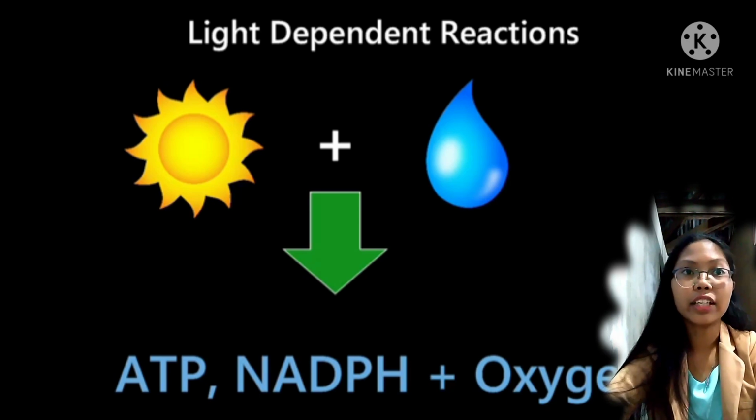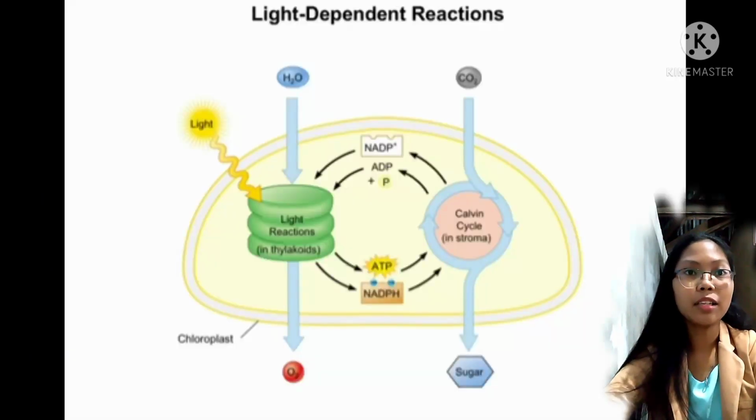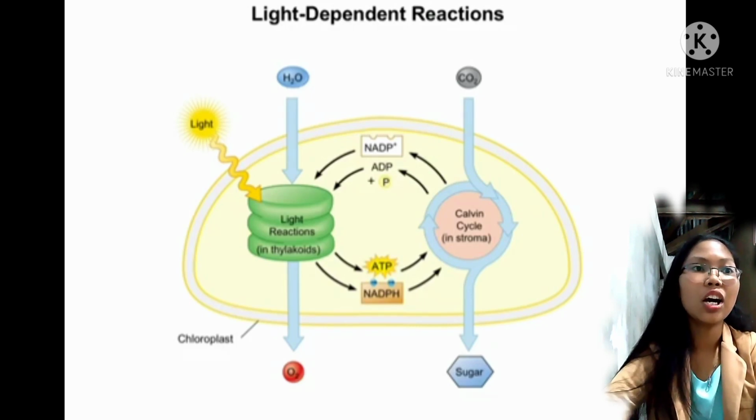In the Calvin cycle, which takes place in the stroma, the chemical energy derived from the light-dependent reaction drives both the capture of carbon in carbon dioxide molecules and the subsequent assembly of sugar molecules. The products of the light reaction are ATP, NADPH, and oxygen, of which oxygen is released into the atmosphere.